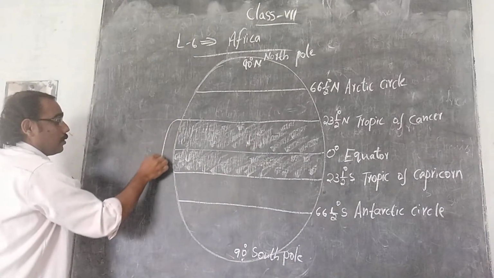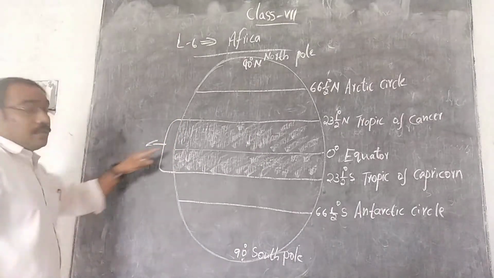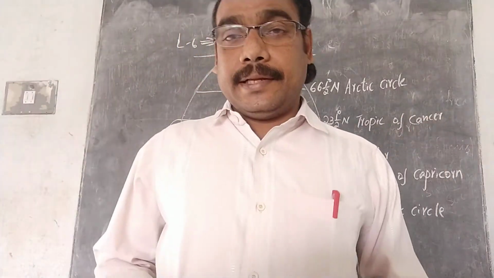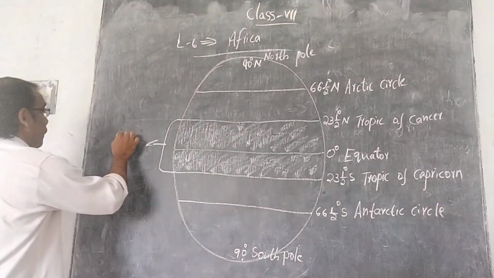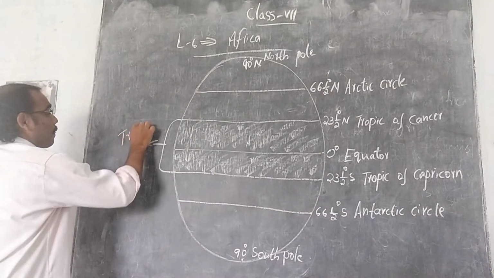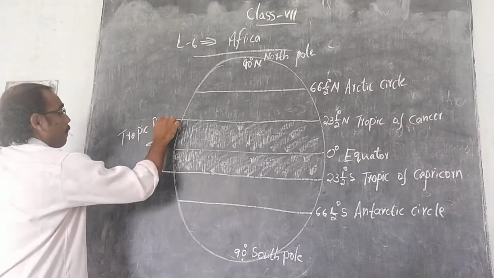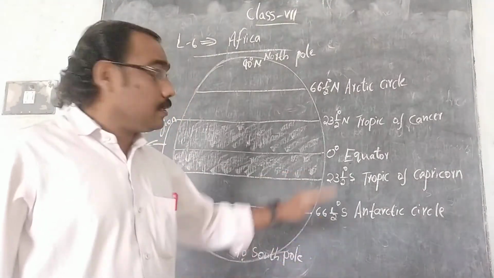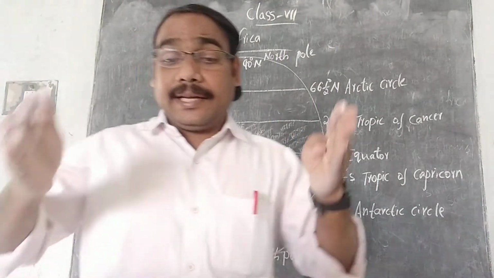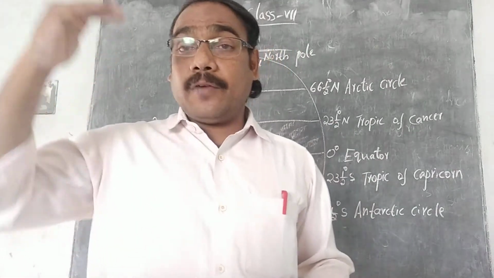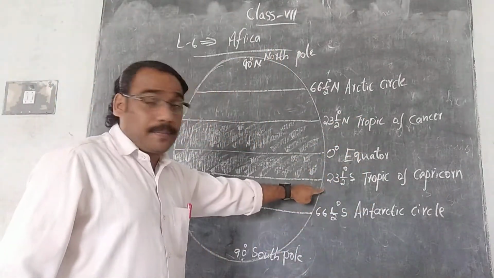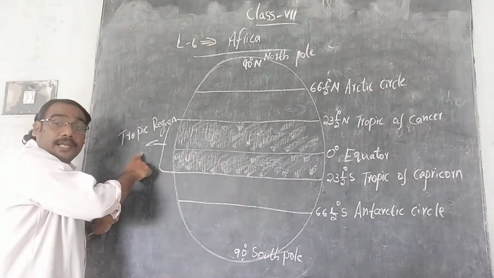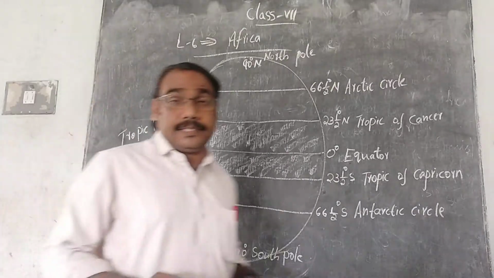This region is known as Tropic Region. Is it clear? Did you get me? The region between Tropic of Cancer and Tropic of Capricorn, the name of that region is Tropic Region.